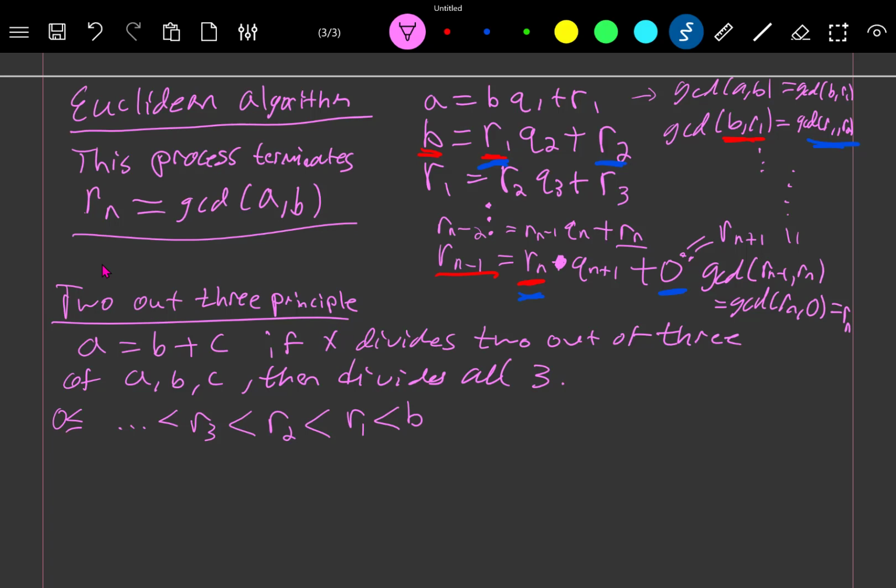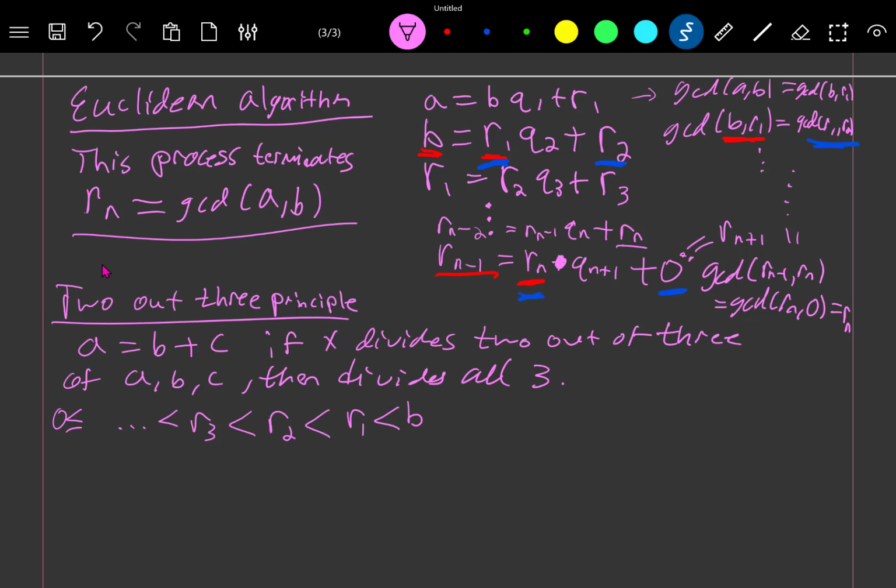So if this process did not terminate, then we would have a sequence of strictly decreasing positive integers. But that's not true, because just take the first b of these and you would have had to reach 0. So that tells us that this process terminates, and furthermore, the last non-zero remainder is the GCD.